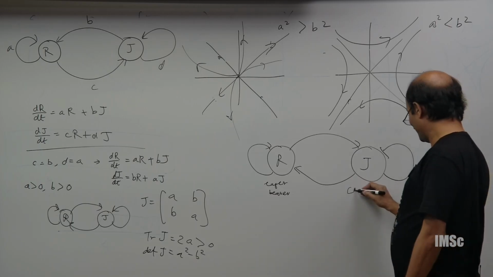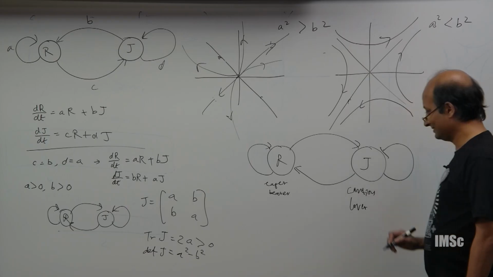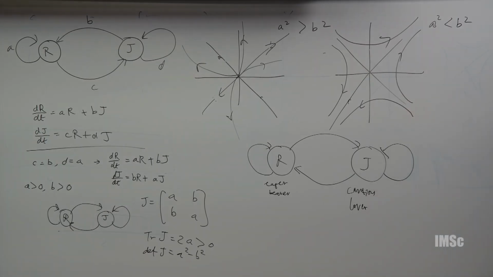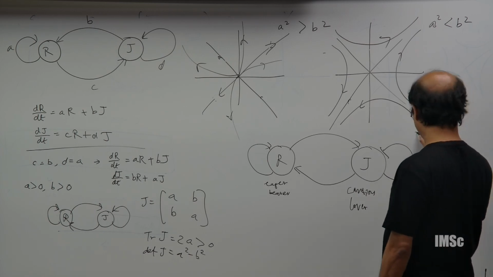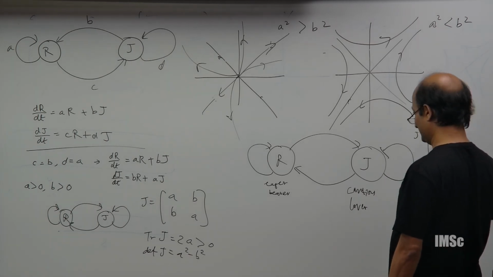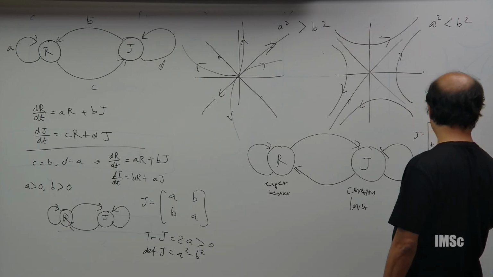So what will happen if you have a situation like this? Again, for simplicity, let's take D equal to A, C equal to minus B, so this is B and this is minus A.